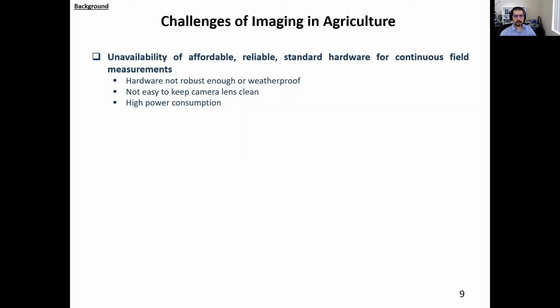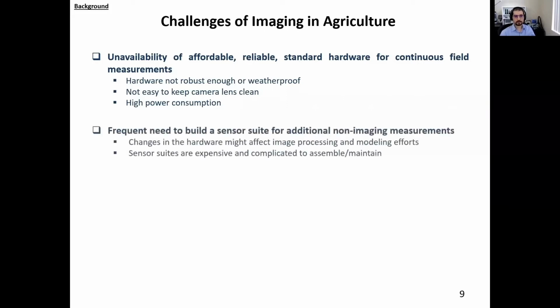The types of cameras that are used usually have high power consumption, which is a big challenge. Very frequently, we need to build a sensor suite for additional non-imaging measurements. And this is when imaging by itself is not enough. This happens very frequently in high throughput phenotyping.